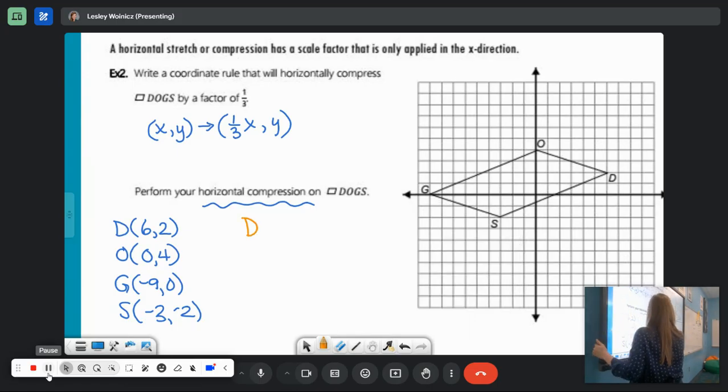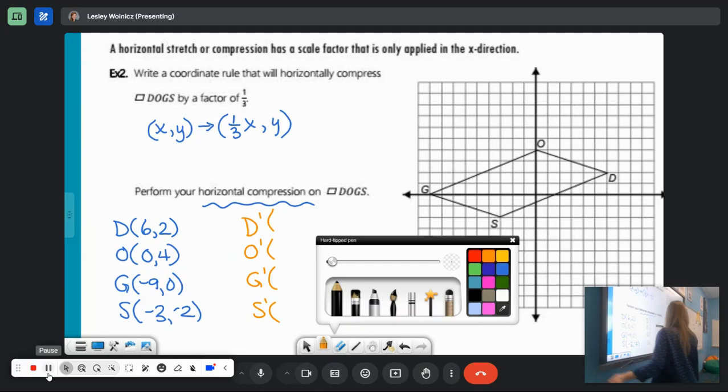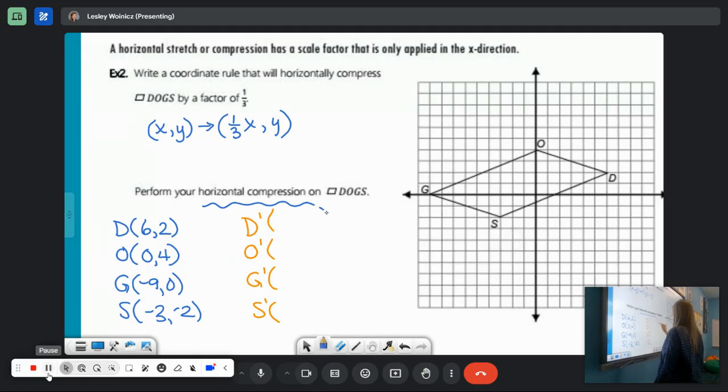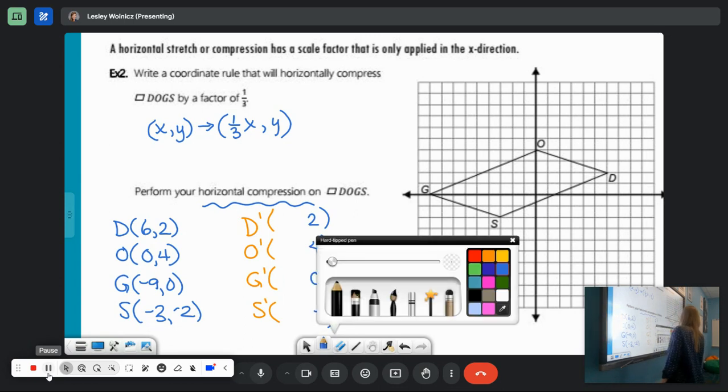So, D prime, O prime, G prime, S prime. We are going to keep the same y value. So 2, 4, 0, and negative 2 should be unchanged.